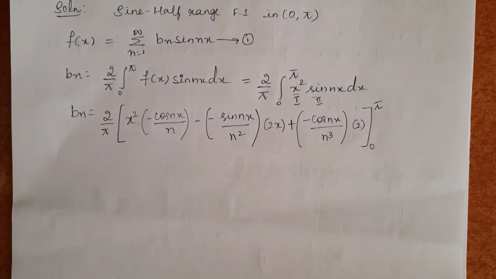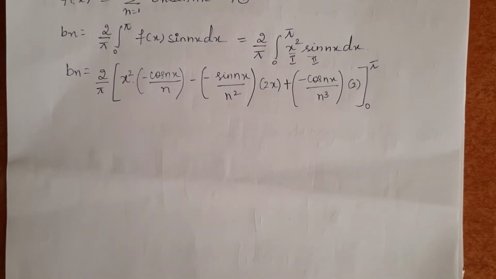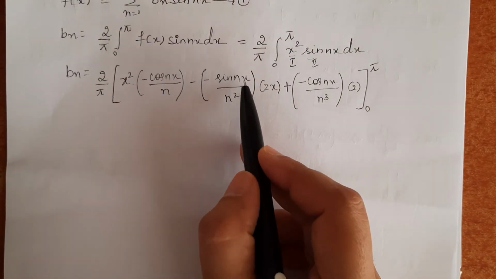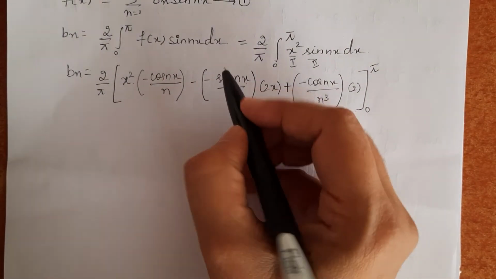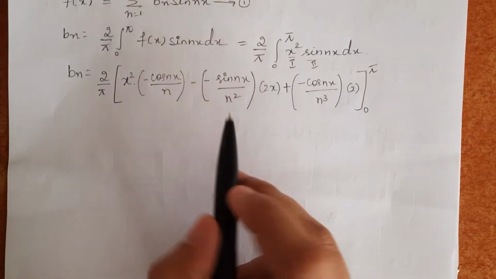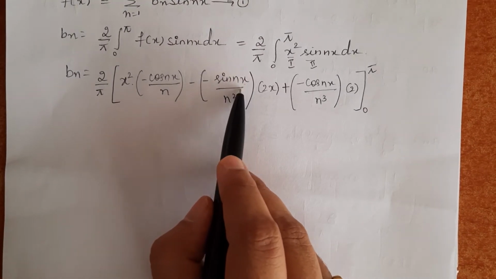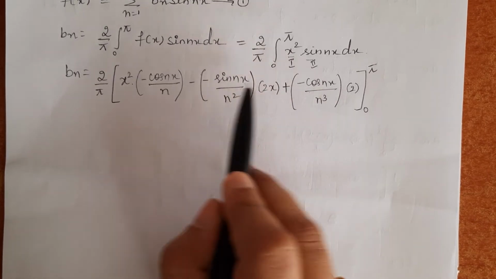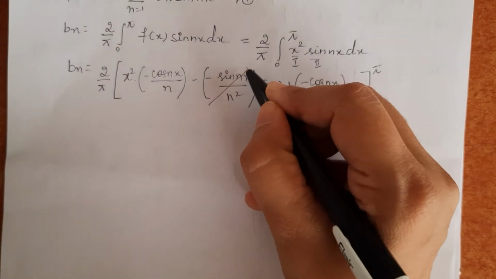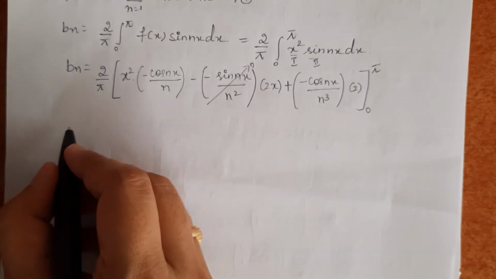Now let us substitute the limits. If we substitute the limit for the sine term, let us verify whether it is 0 or not. When I substitute the upper limit, sine n pi value is 0, and for the lower limit, sine 0 is 0. So this term will be 0.